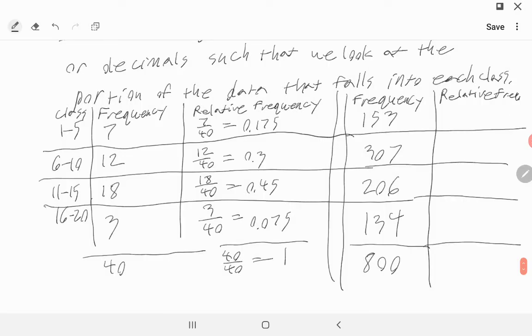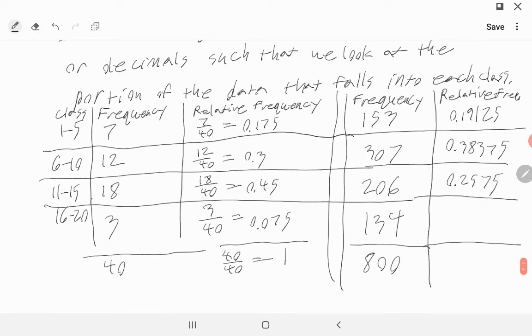We see that the relative frequency for this much larger group, we can say 153 divided by 800. We're going to get 0.19125. 307 divided by 800, we get 0.38375. 206 divided by 800, we get 0.2575.